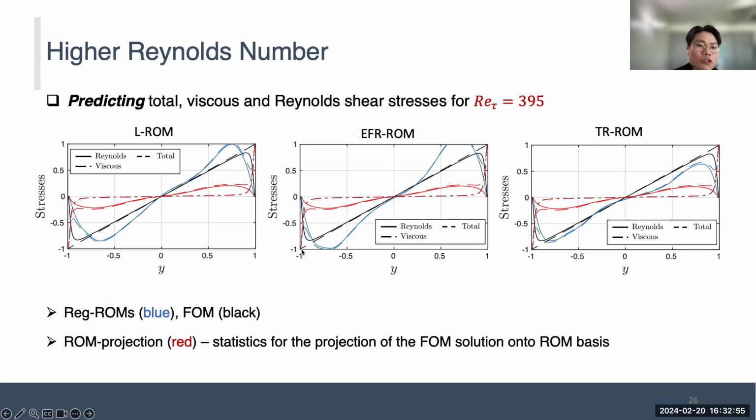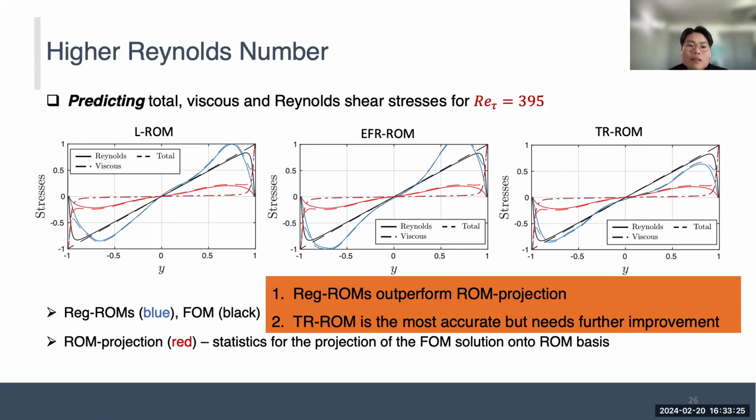And I forgot to mention, the dashed line is the total shear stress, and in theory, it should be linear, no matter whether it's a laminar flow or turbulent flow. And so we see that for the forward model. However, for the ROM, we see discrepancy, but that is due to the Reynolds shear stress.